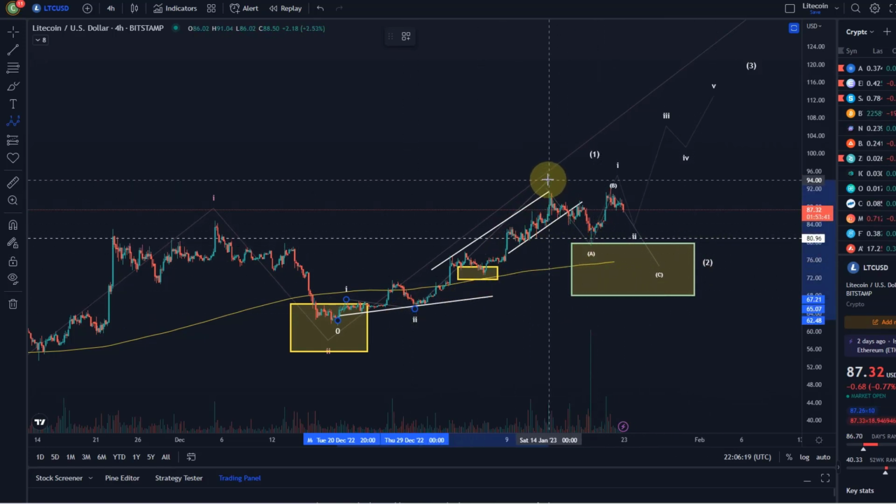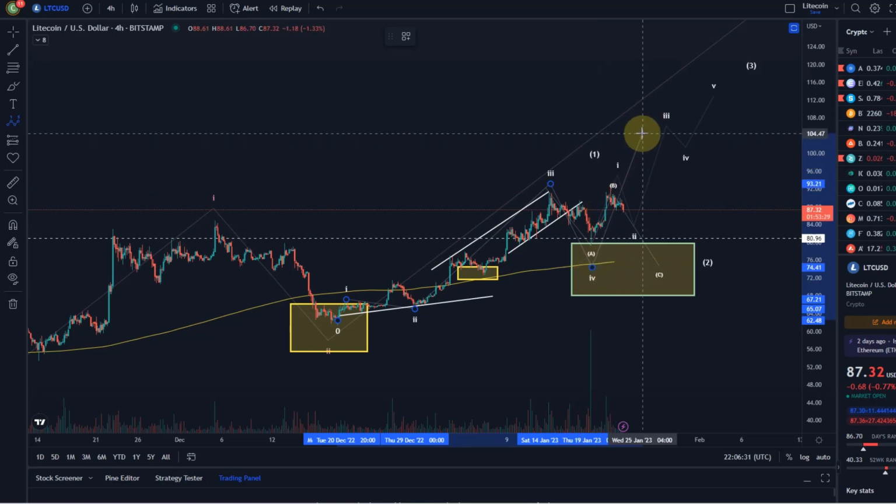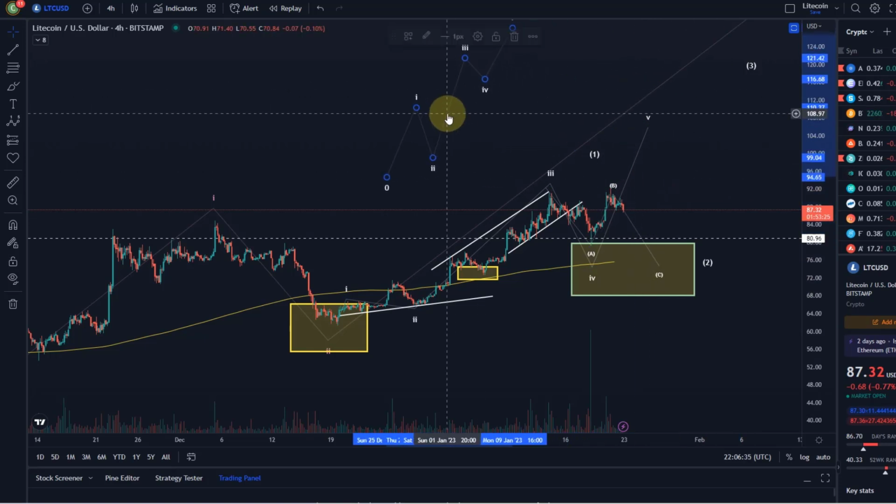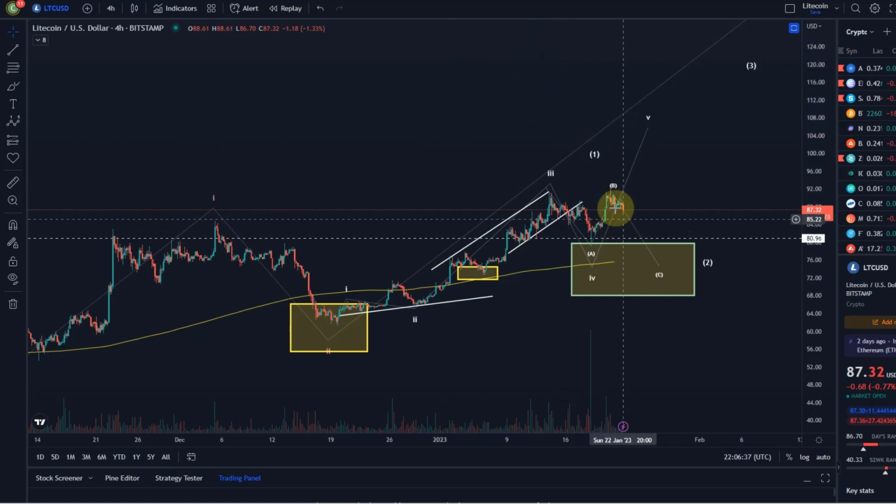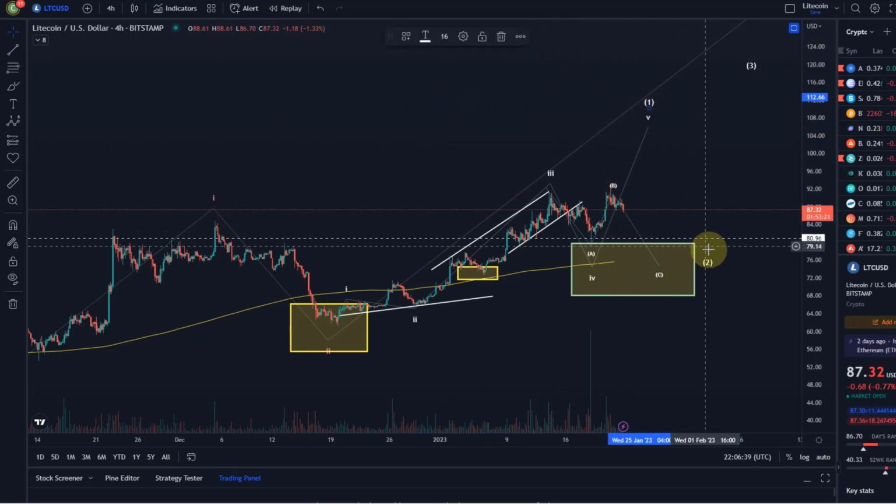Because then I can understand the rally that happened here all the way into the middle of January as a wave 3. This was then a wave 4, which makes total sense, and we will probably still move higher in a 5th wave. That would be broadly aligned with the Bitcoin count as well, and this would then finish off a wave 1, and then we come down in 2.